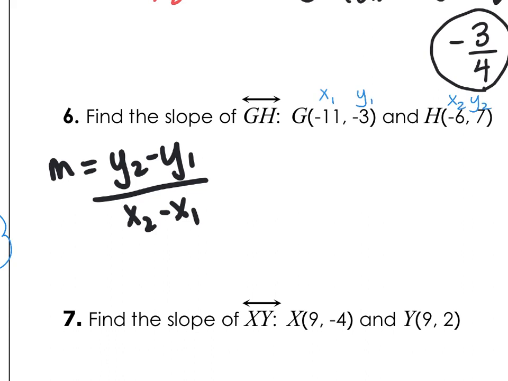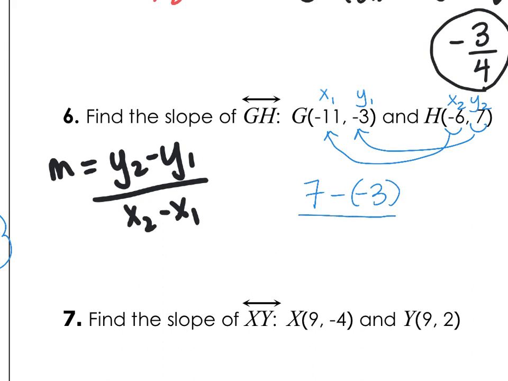Remember, I'm just taking my y2 minus my y1 and my x2 minus my x1. So my y2 is 7, my y1 is -3. My x2 is -6 minus my x1, which is -11.